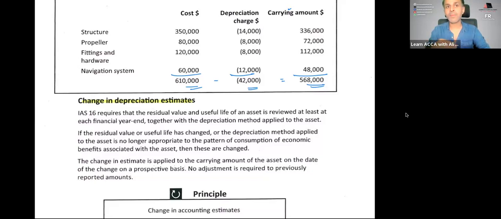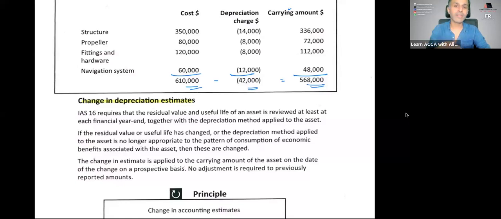It means they must recalculate their depreciation charges on the basis of revised estimates. The effect of that will be prospective, meaning they will not change the depreciation charges of all the past years. This year's charge and all the next years, they have to bring in the new estimates to calculate the charge. That is called prospective effect.